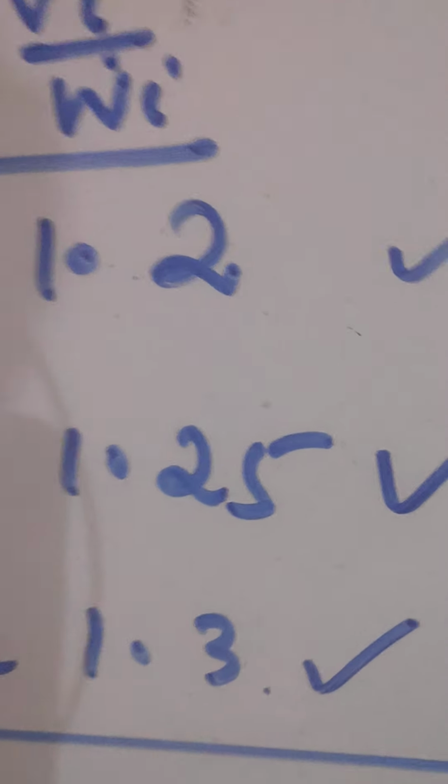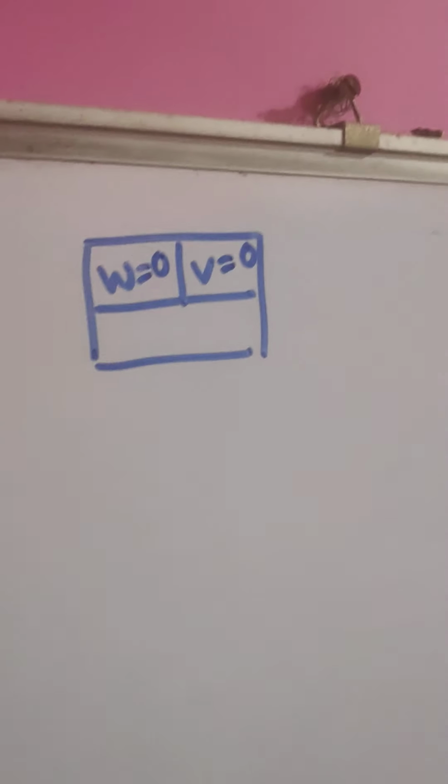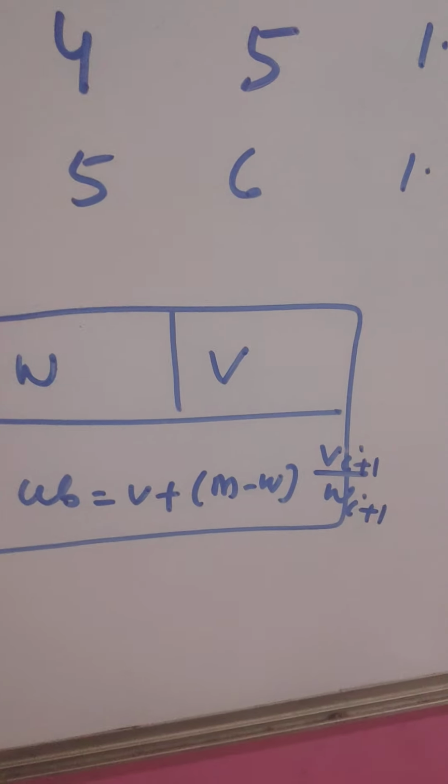So the root node, I am having 3 values, that is W, V. Look at here. So initially W is 0, V is 0, because I have not taken any items. What about upper bound? As per the formula, check it in your copy.